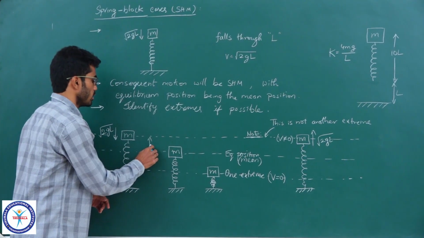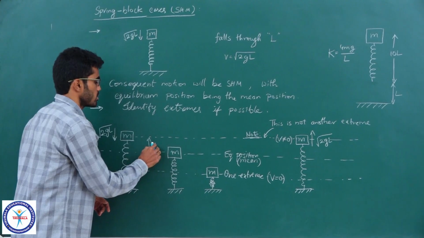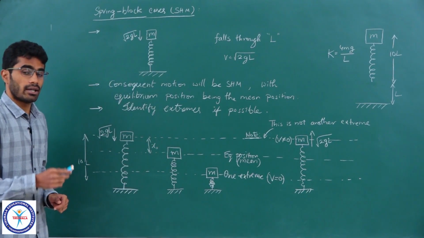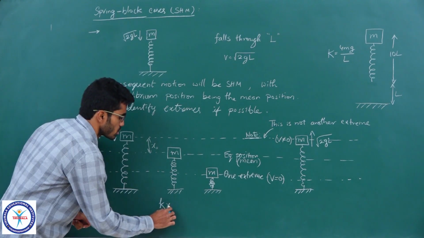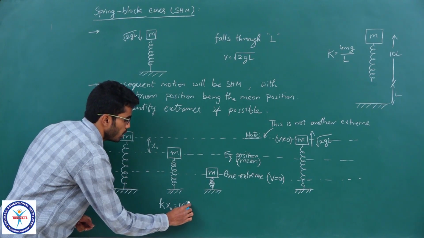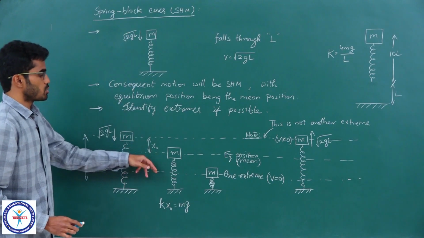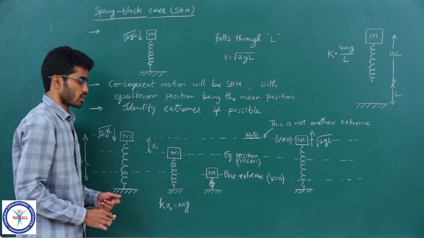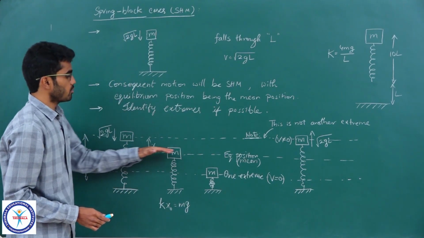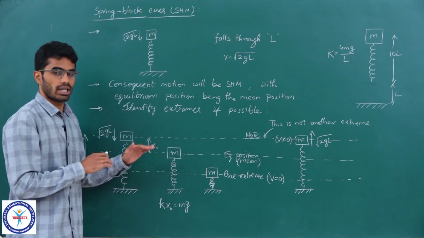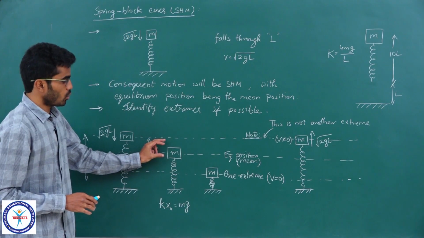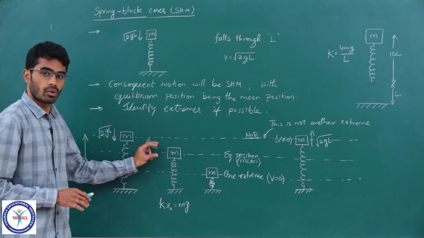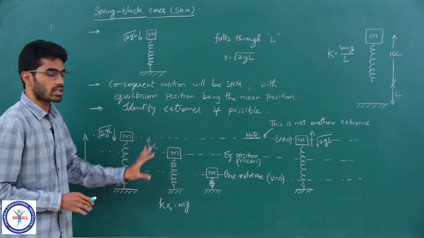Let us say this distance is x naught, and at that x naught you will obtain a spring force k x naught, which is equal to mg, so that the spring force will balance the weight of the object. So, this equilibrium position is any such level where if you keep the block without giving any motion, just keep it on the spring, it will stay there.